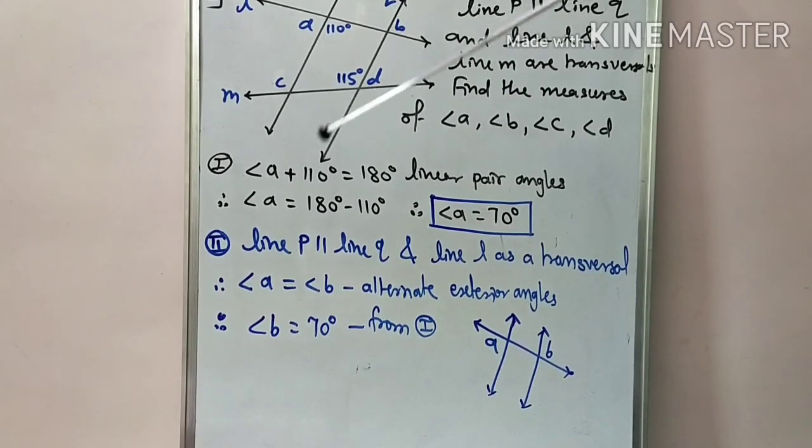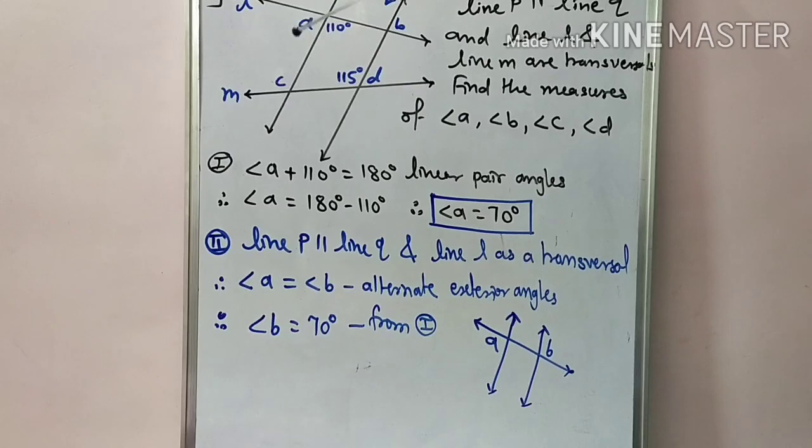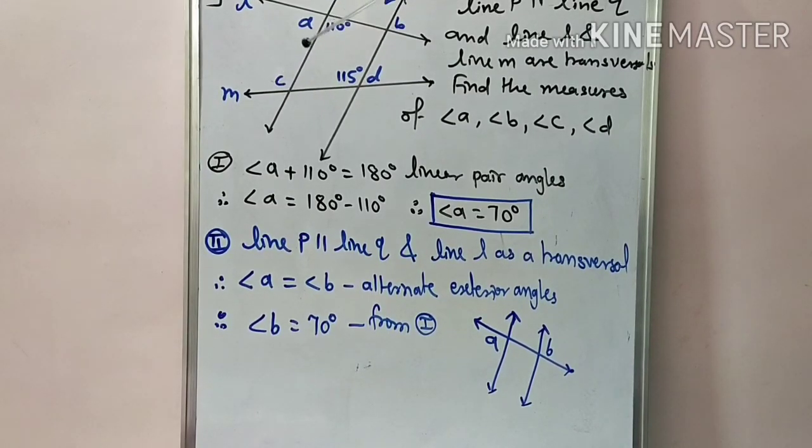Now next is angle C. We find the measure of angles in sequence: first A, then B. Now for C, we notice that A and C are interior angles, but L and M are not given as parallel, so we cannot say that A and C are supplementary, because only if two lines are parallel are the interior angles formed by the transversal supplementary.